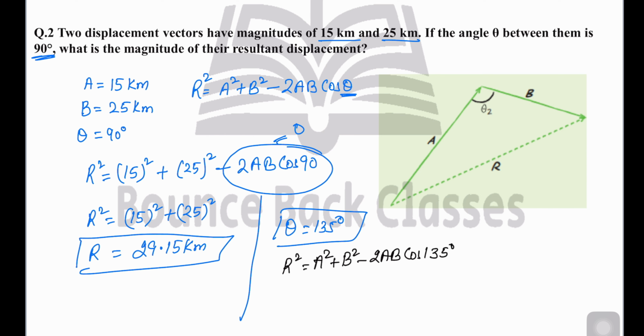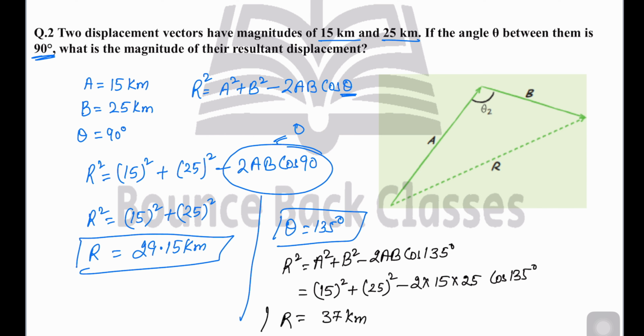So 15 square plus 25 square minus 2 times 15 times 25 times cos 135. Put all these things in the calculator and you will get around 37 kilometer. Do you understand? Clear? Like this you need to solve the question.